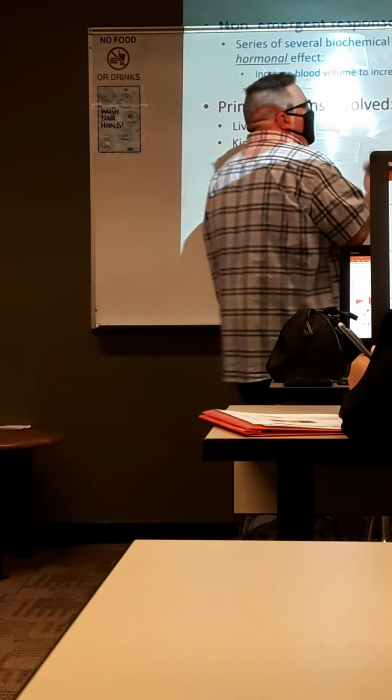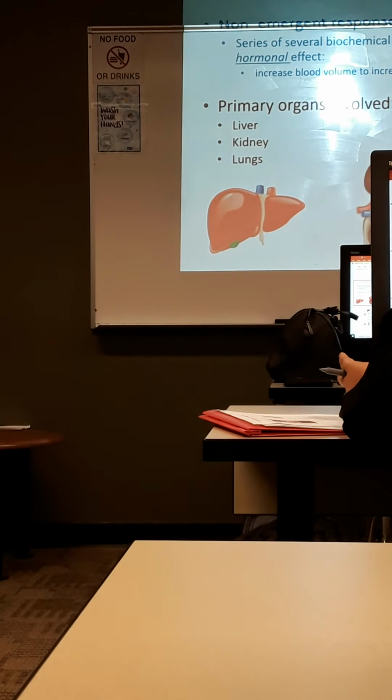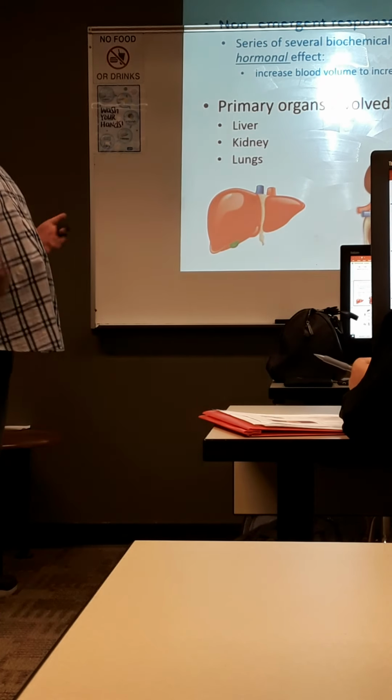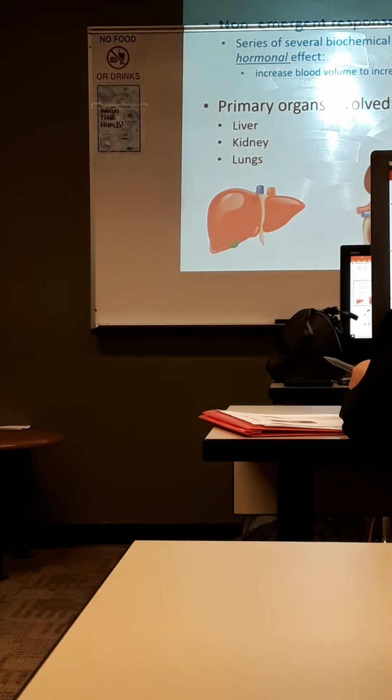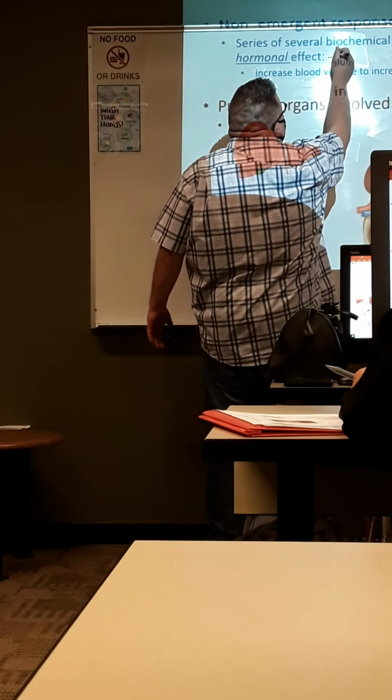Okay, so think of the glands. You've learned about thyroid gland, secretes thyroid hormone. You have your pancreas that secretes insulin and glucagon. Okay? So it's a series of biochemical reactions to yield a hormonal effect. Okay? Hormonal effect is going to be a slower effect.